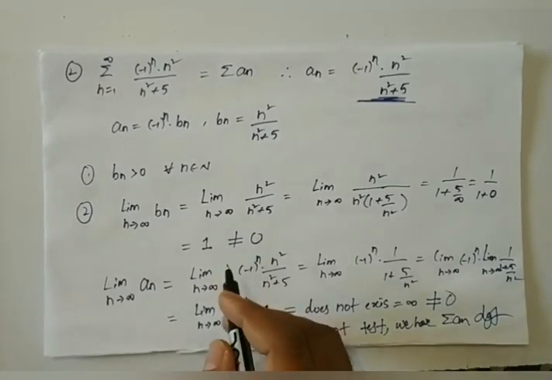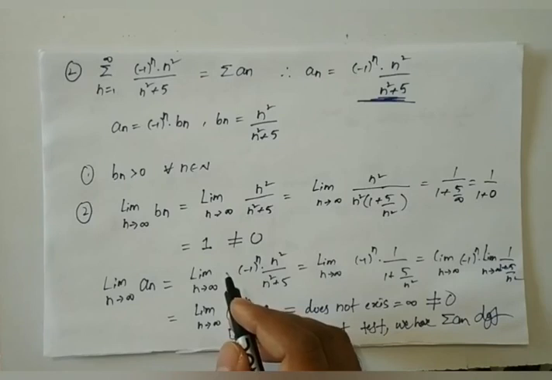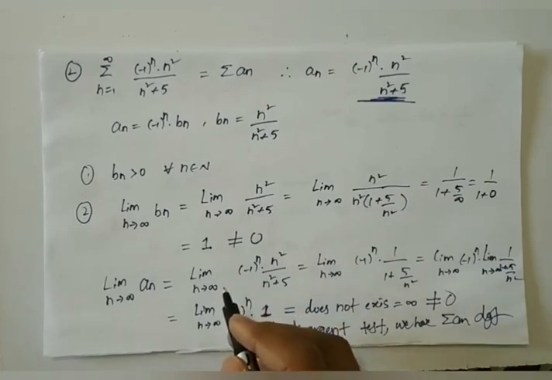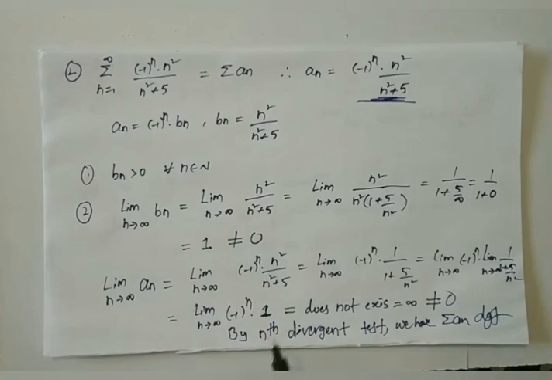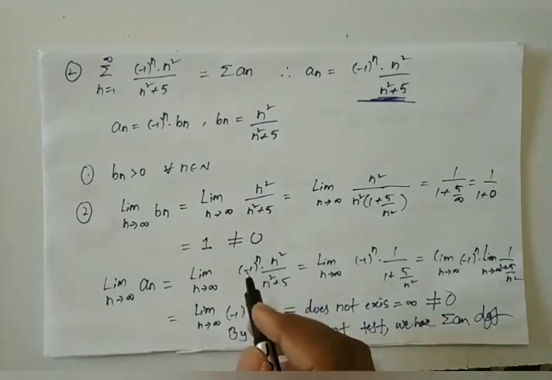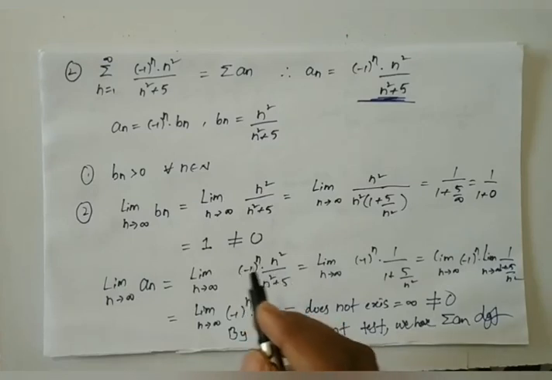Once again I will explain the alternating series test. In order to use the alternating series test, first the given series is an alternating series, which is in the form of either (-1)^(n+1) bn or (-1)^n bn. Suppose the alternating series satisfies 3 conditions.